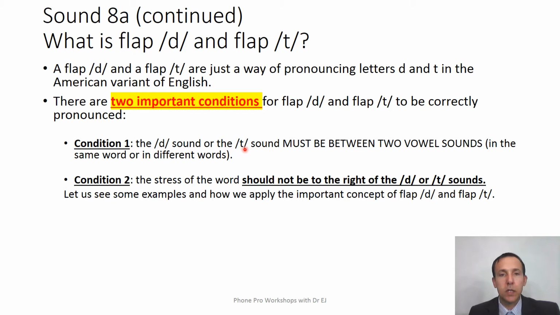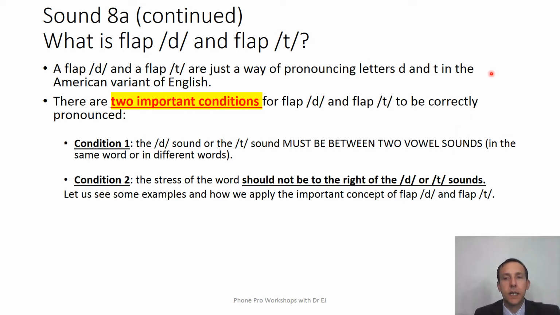Now, condition number 2, the stress of the word that you are saying or reading should not be to the right of the D or the T sounds. Let us see some examples and how we apply the important concept of flap D and flap T.